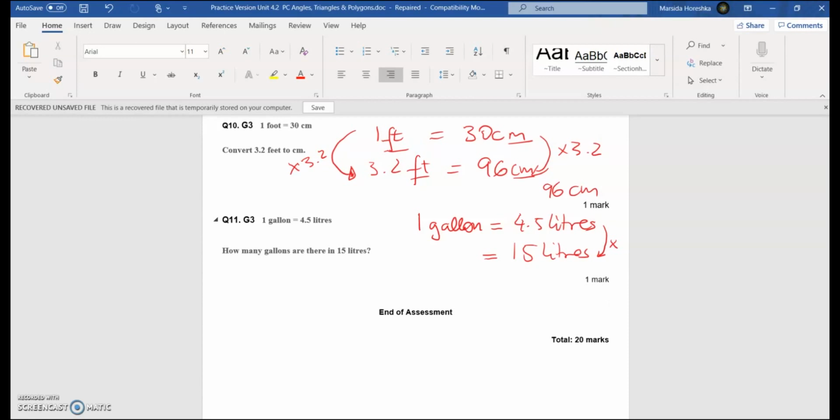So 15 divided by 4.5 gives us 3.3 recurring. So we keep that number in the calculator, and we just multiply by 1, so that gives us the same number. So this would be 3.3 recurring gallons. So we can say 3.3 gallons to 1 dp, 1 decimal place.